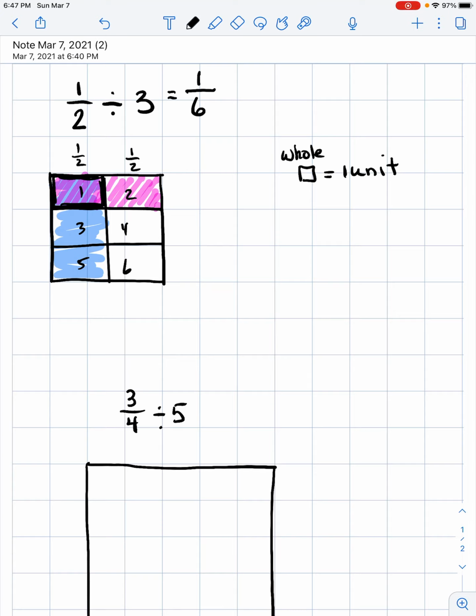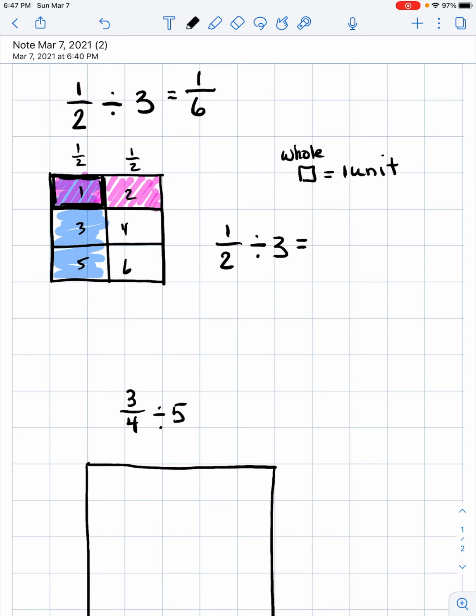Well, when we lose the model and start to use the algorithm, we're going to have to understand equivalent expressions. And if I look at this model of 1/2 divided by 3, I can look at it as multiplication, and I can see it as an equivalent expression. What expression would that be?